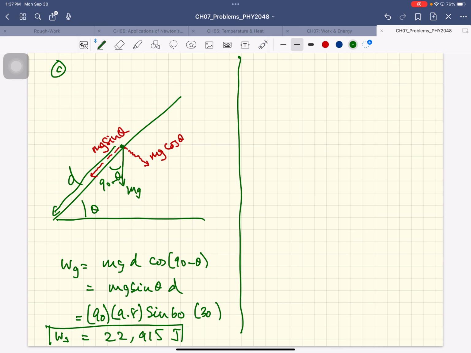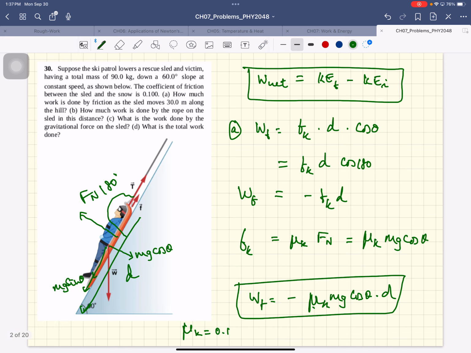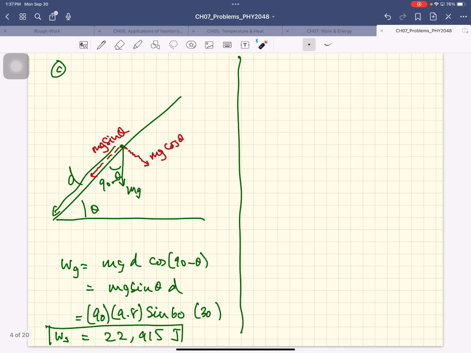So work done by gravity is that many joules. All right, now we'll calculate what is the total work done. So the net work done is work done by gravity plus work done by tension plus work done by friction.